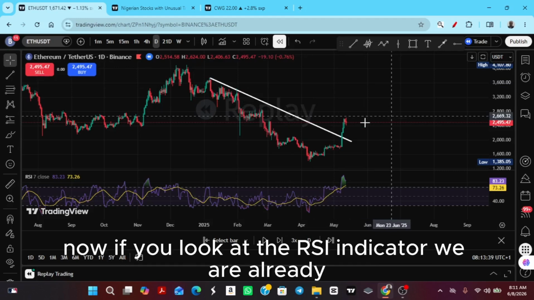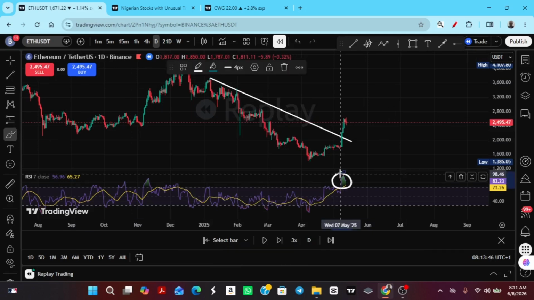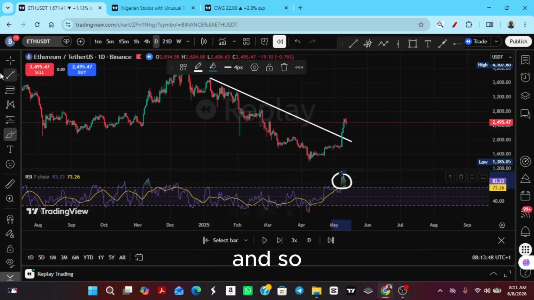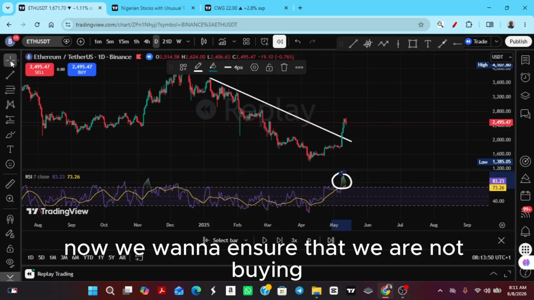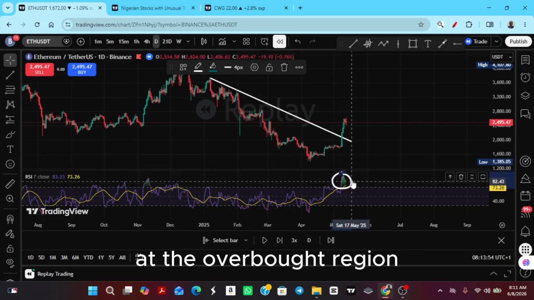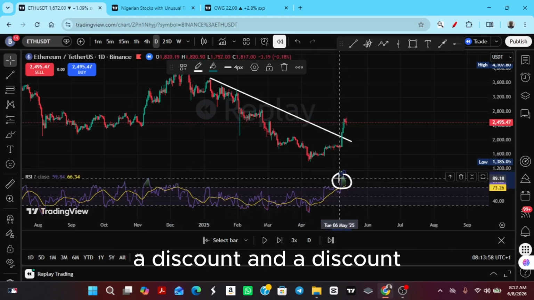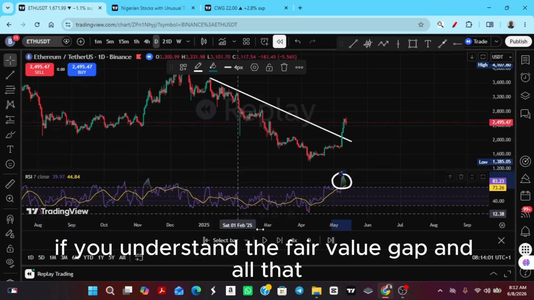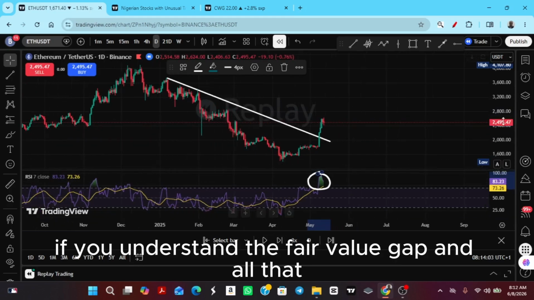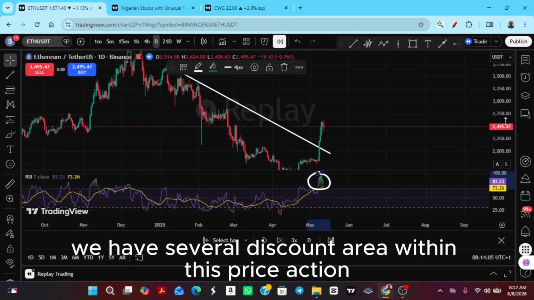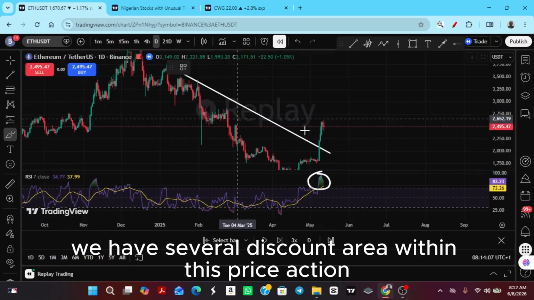Now if you look at the RSI indicator, we are already in the overbought region, and so we want to ensure that we are not buying at the overbought region. We want the RSI indicator and price action to give us a discount, and if you understand the fair value gap and all that, you will know that we have several discount areas within this price action.